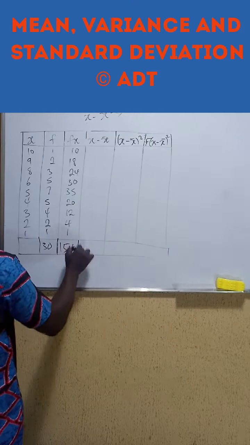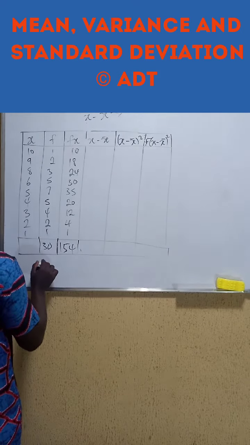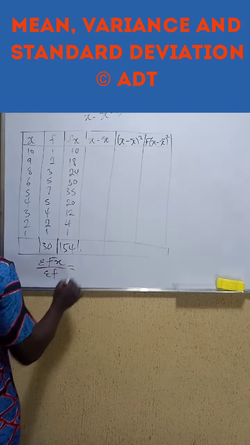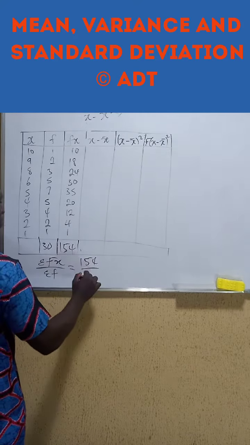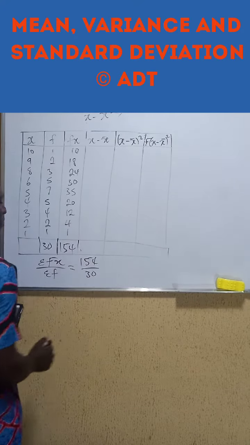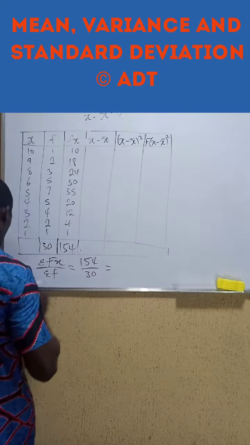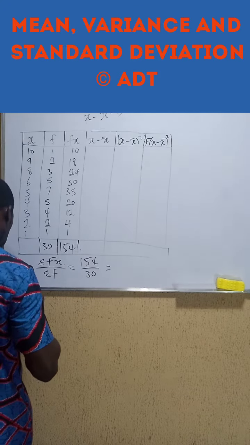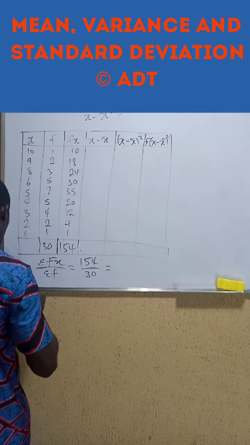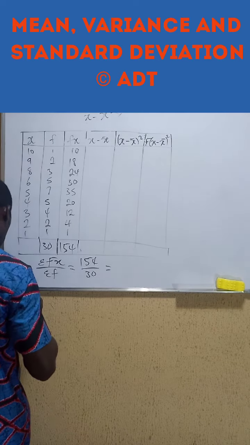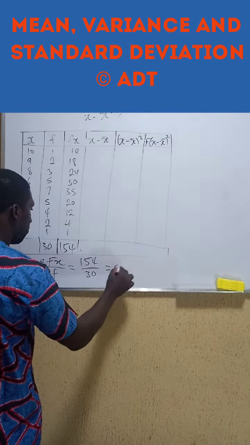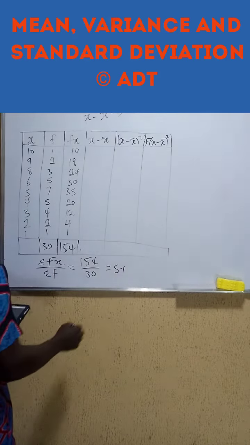Using this formula, the summation of f of x over the summation of f, we're going to have 154 over 30, which is 5.1.